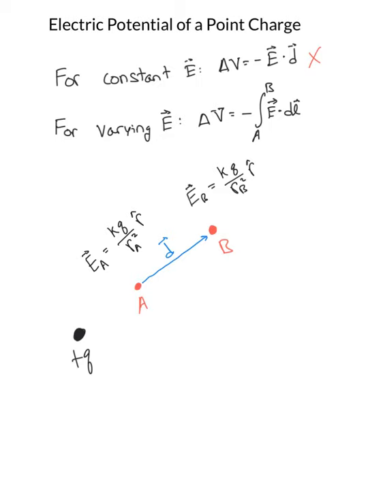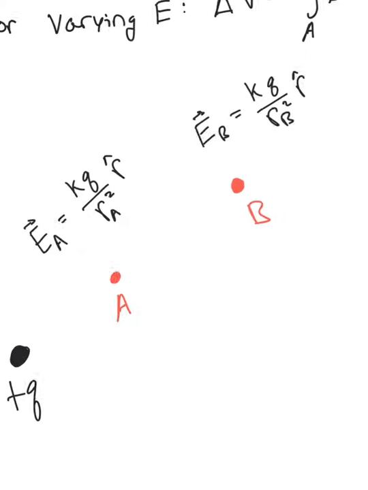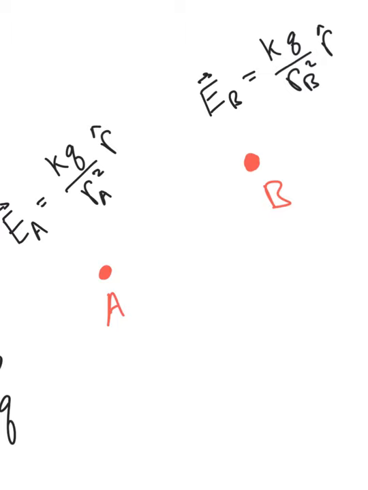In order to solve this, we can break our journey up into little displacements. Imagine that I try to move from A to B, and I take some little displacement dl vector.